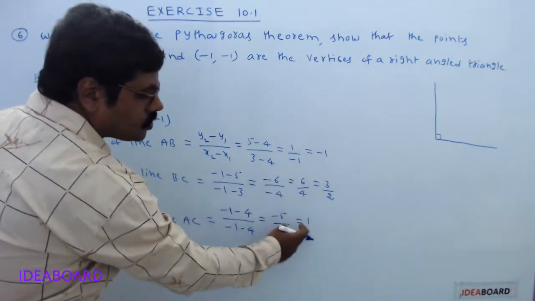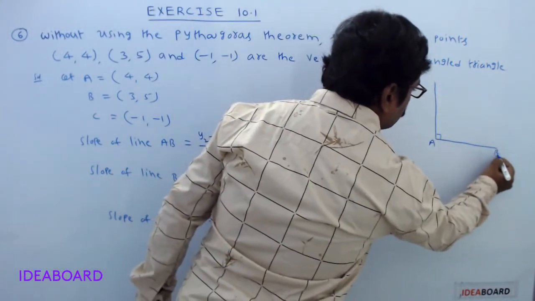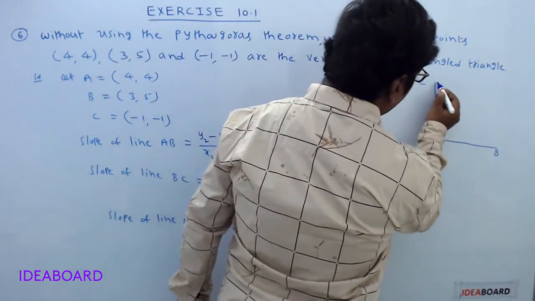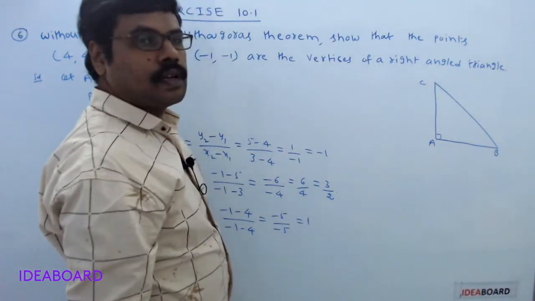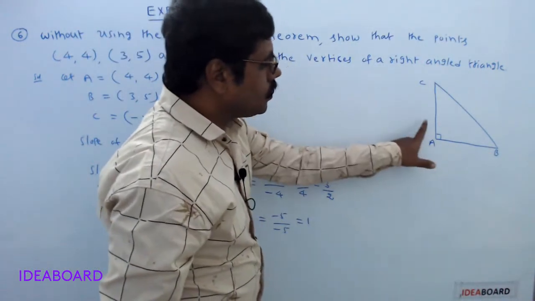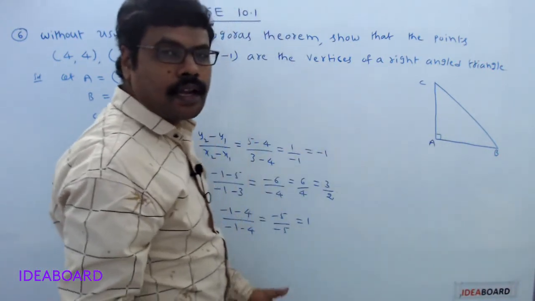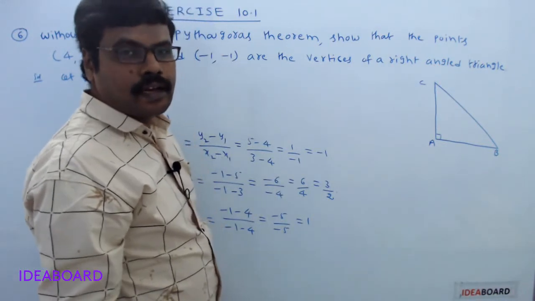Clearly product of these slopes is minus 1. Suppose this is AB, this is AC. Now connect the points B and C also. Now slope of AB into slope of AC equal to minus 1. So these two lines are perpendicular. It means given points are the vertices of a right angle triangle.